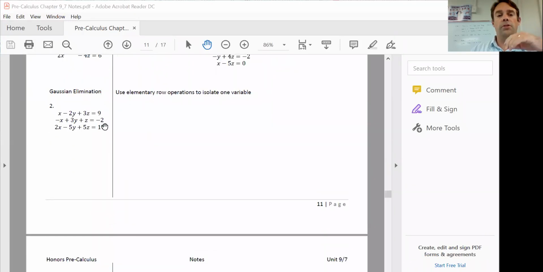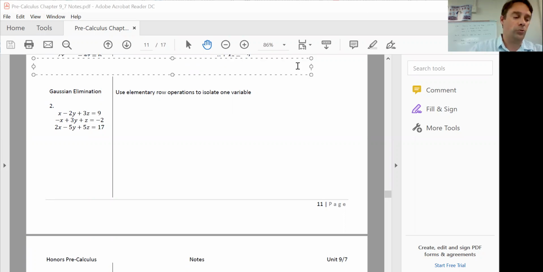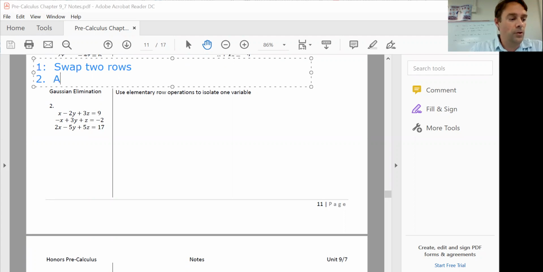And now what are we going to do with that? Okay. So we're going to now go ahead and solve these systems of equations with matrices. Here's how it works. We have three rules. Three rules to solving any system of equations with matrices. So the first thing we can always do is swap two rows. At any time we want to, we can swap two rows. We can add up the multiple of two rows to replace a row.